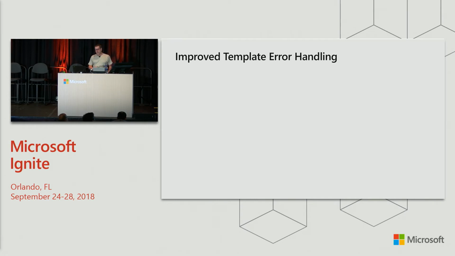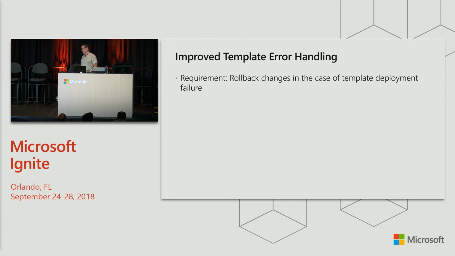So the third thing then is improving the way that we do error handling. And one of the big pieces of feedback we get from many customers is, I want you to roll back my changes if something goes wrong. Now, this is really easy to think about as a requirement, but quite difficult for us to implement, because some of the state transitions that happen in resources really can't be rolled back, plus it's not a transactional system.